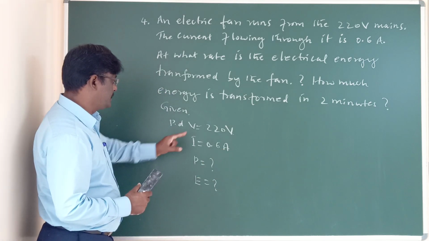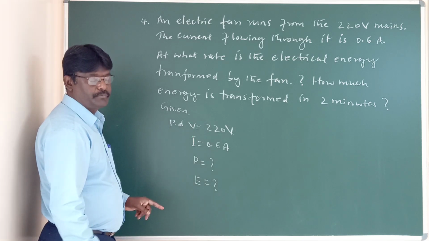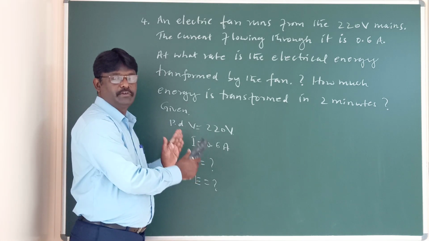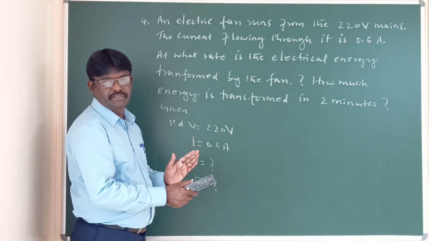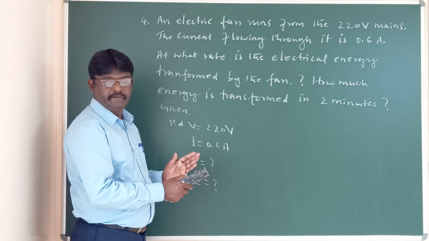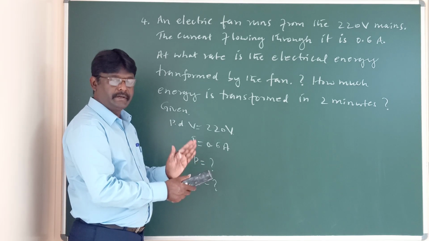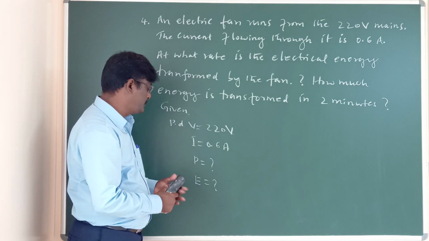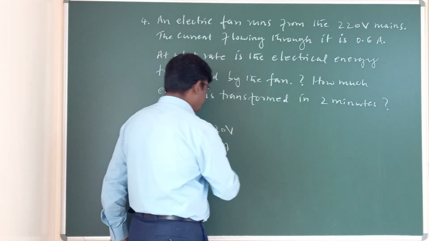When we are given V and I, by basic definitions in the previous class, we obtained different equations: P equal to VI, P equal to I square R, P equal to V square by R. According to the given data, let us select the suitable one.